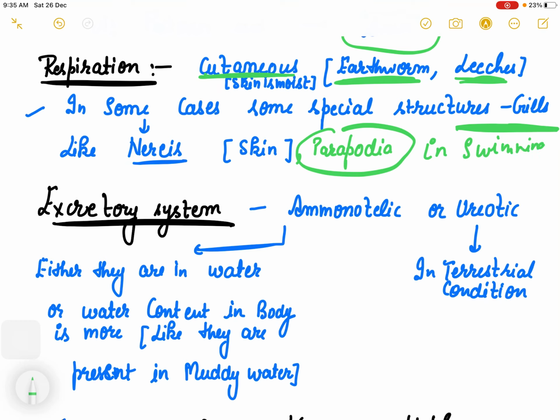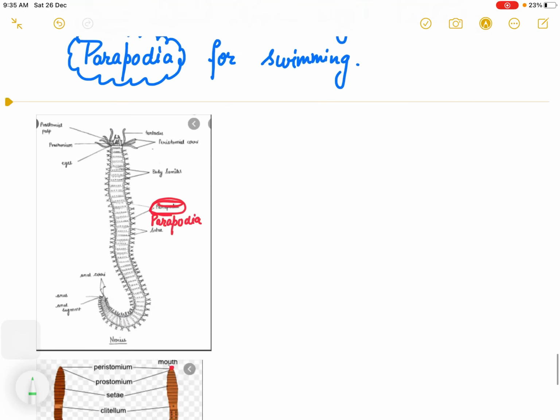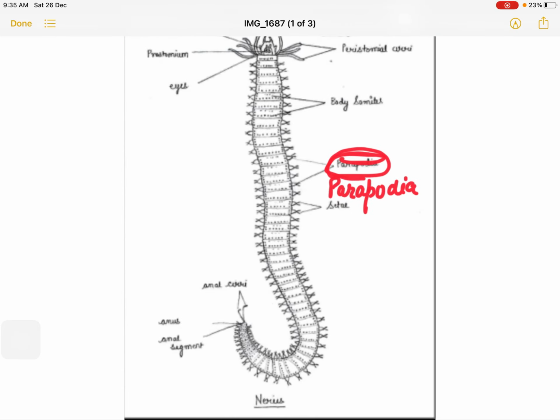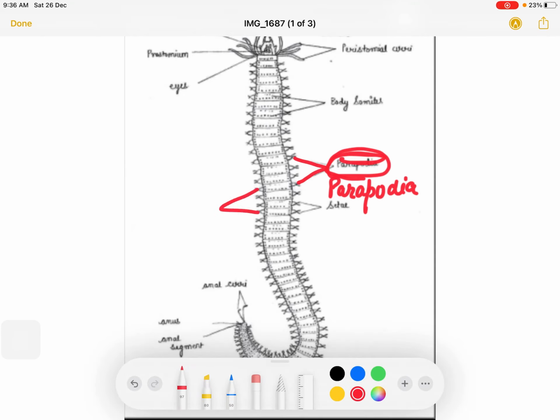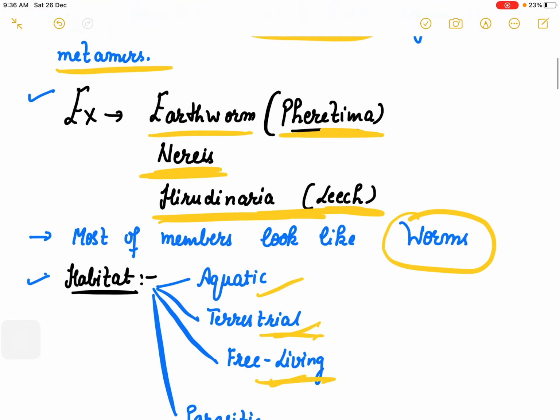These are appendages, like in amoeba you have false feet, so they also have a kind of appendages which are present throughout the skin. If I show you the picture, as you can see, these are parapodia, and they are present all over the skin in Nereis, and they help Nereis in swimming also, and through these parapodia osmoregulation and respiration are done, right?